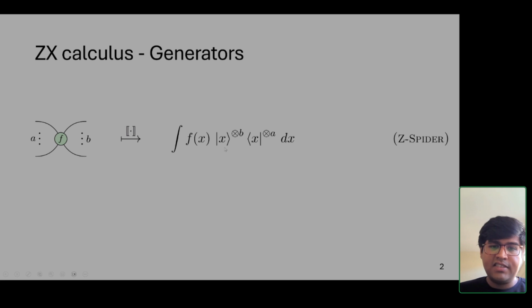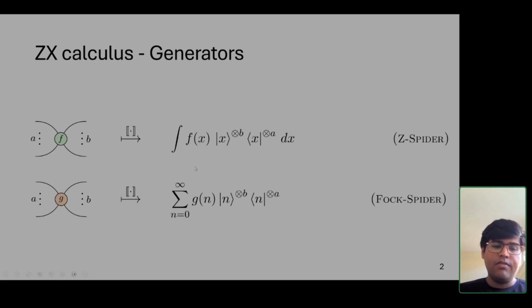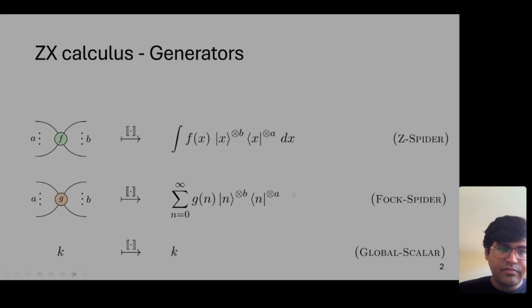So for every basis state ket x, it gives a coefficient. Similarly, we can define the Fock spider, which is the discrete spider. It matches the number basis, the Fock basis, and we can also label it with a function, which now goes from naturals to complex. We will also allow for a global scalar in our calculus because it's very convenient to have that.